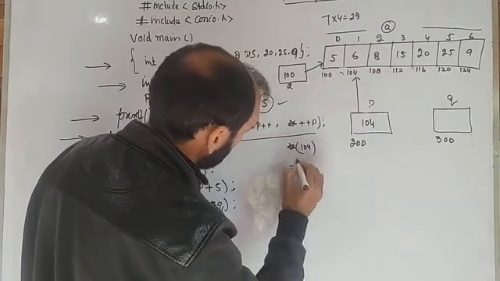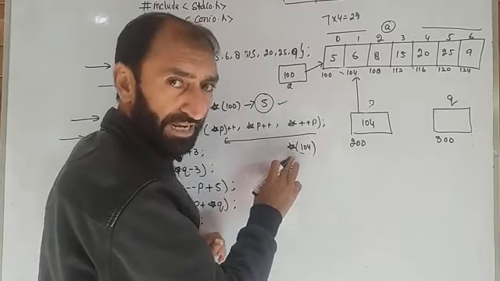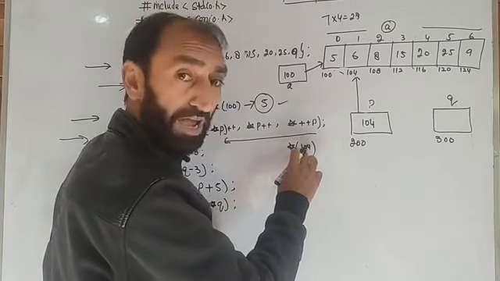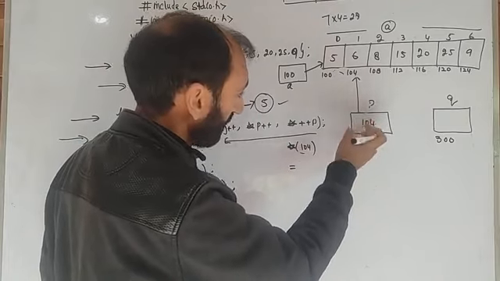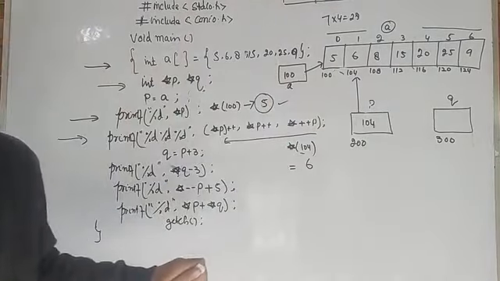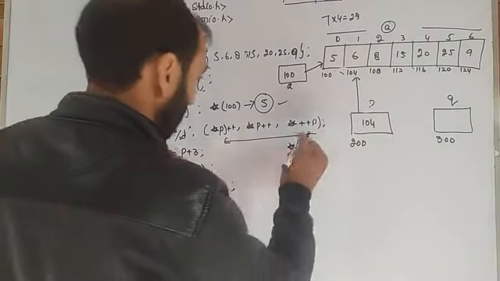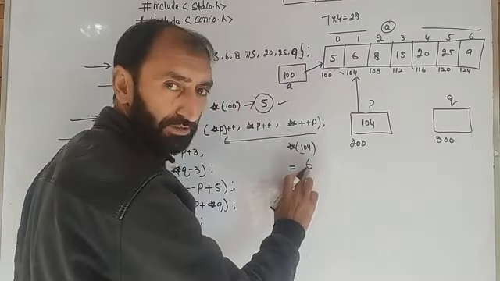That gives us this address, and this is the indirection operator. It will return the value at 104. The value at 104 is 6. So 6 will get printed. The output of this will be 6.